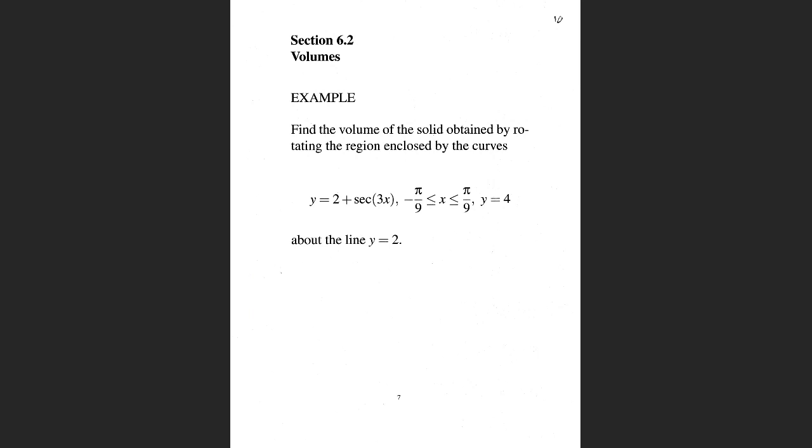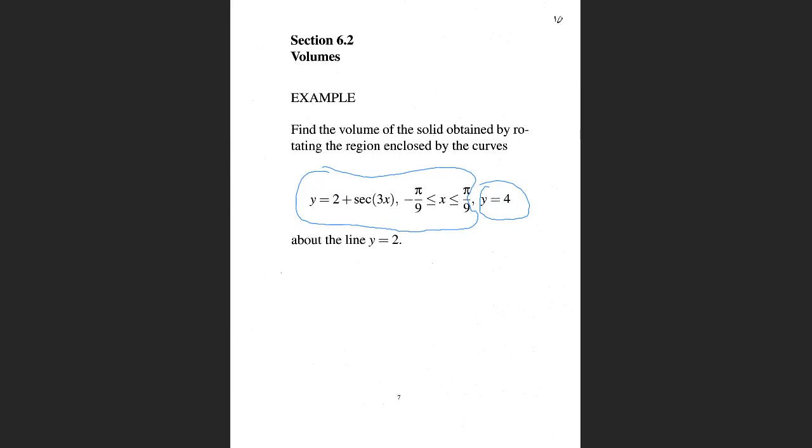Here, we want to find the volume of the solid obtained by rotating the region enclosed by these curves about the line y equals 2. So you have y equals 2 plus the secant of 3x, where x is between negative pi over 9 and pi over 9. And then you have the horizontal line y equals 4.